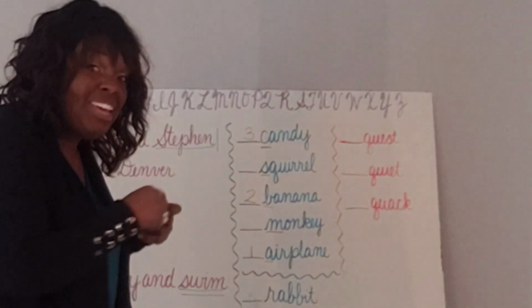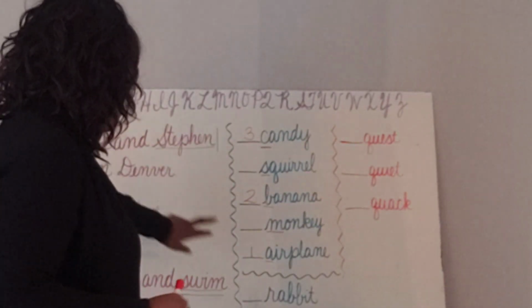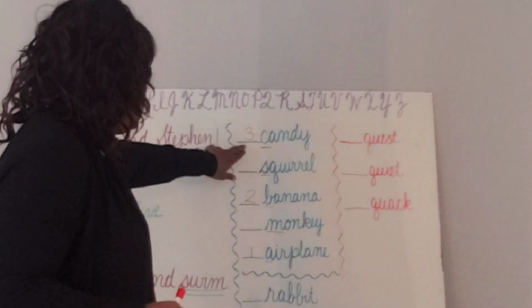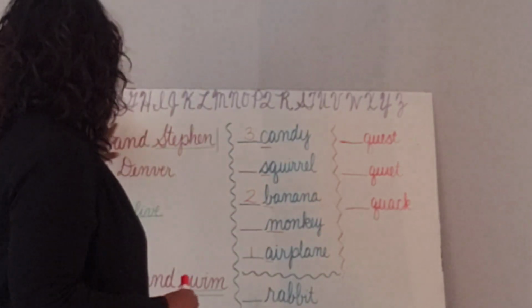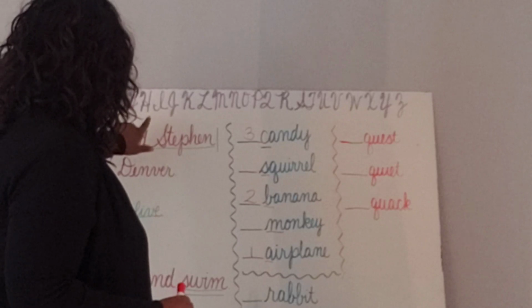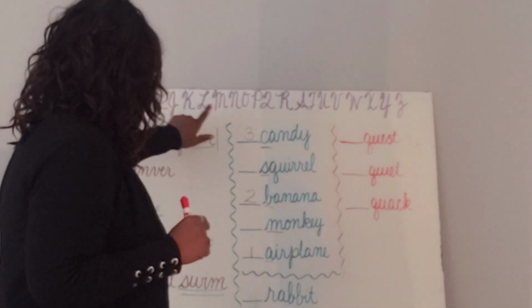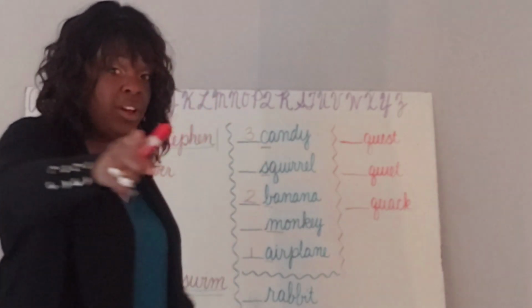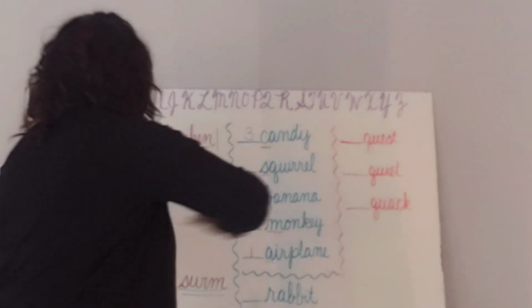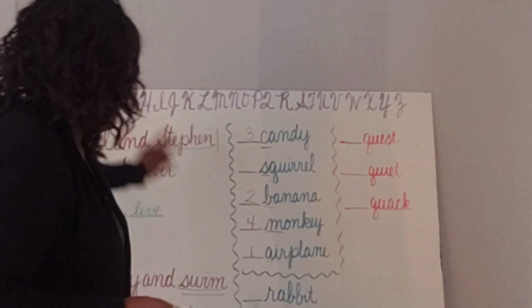So then we keep going down the alphabet because there's no D. So we have an A, we have a B, we have a C, but then we have squirrel and monkey. So there's no D, no E, no F, no G, no H, no I, no J, no K, no L. Do we have an M? Oh, we do have an M. We have a winner. Number 4 is going to be M because that's the next letter.